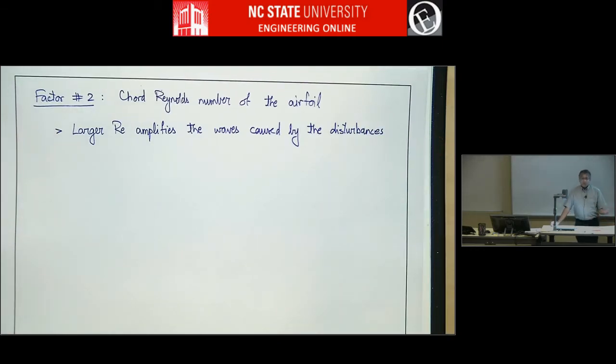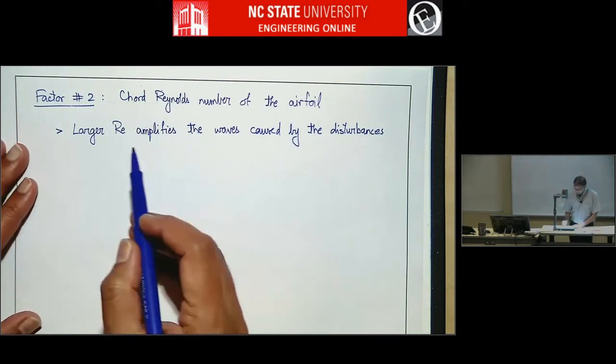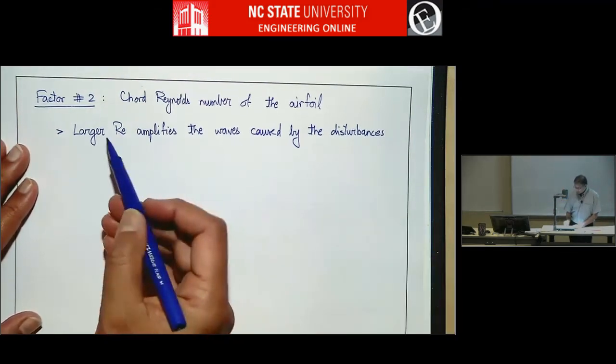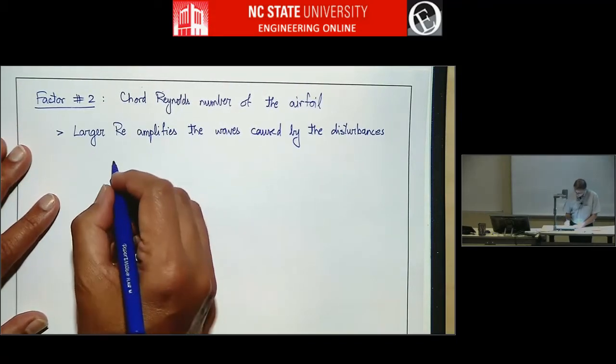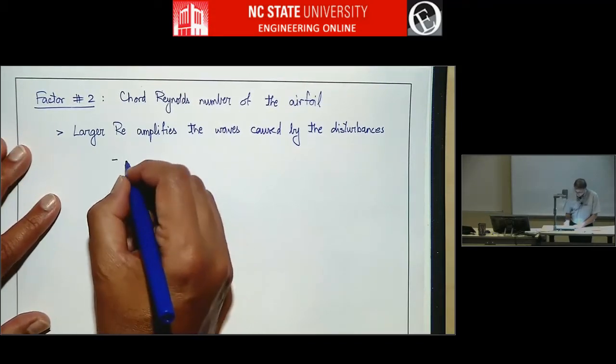So we know that there are waves that are always excited in laminar boundary layer. Sometimes these waves are damped and no transition takes place, but other times these waves are amplified and eventually that laminar boundary layer will become turbulent. So when anything amplifies the waves, like larger Reynolds number does, then that leads to more unstable boundary layer.